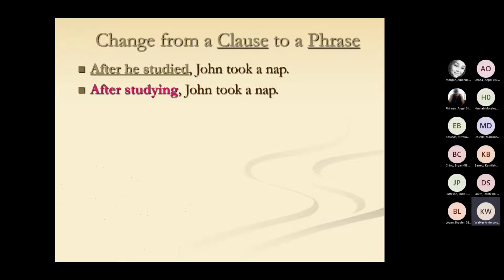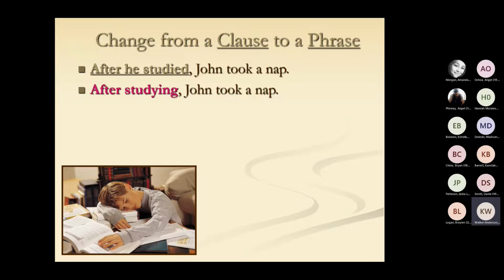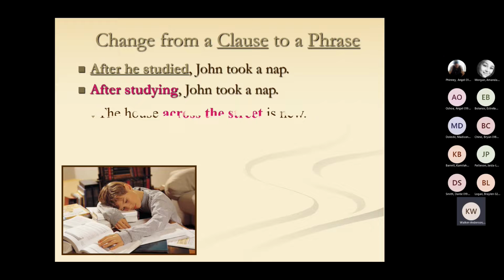So when it says a clause to a phrase, a clause has a subject and a verb. So after he studied, he is the subject, studied is the verb. A phrase does not have a subject and a verb, and most of the time the verb will end in ing. So after studying is a phrase, after he studied is a clause. So that's one easy way to change sentence structure and make it paraphrased and not exactly like the original.